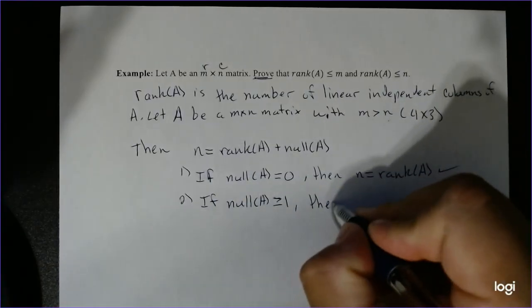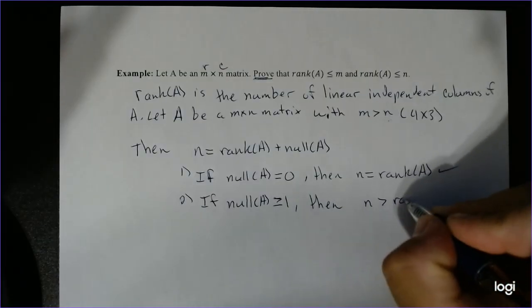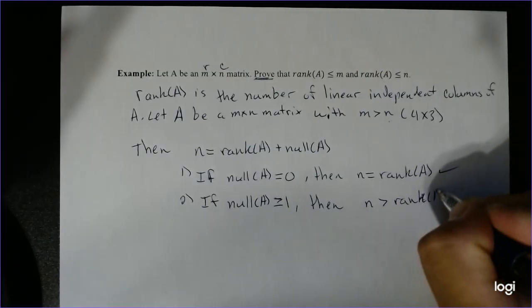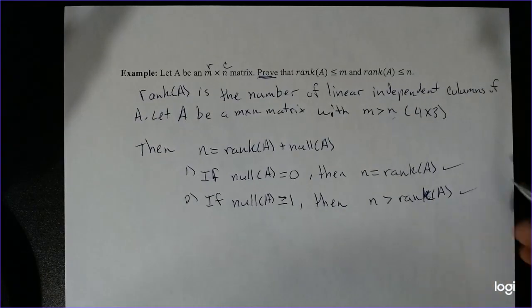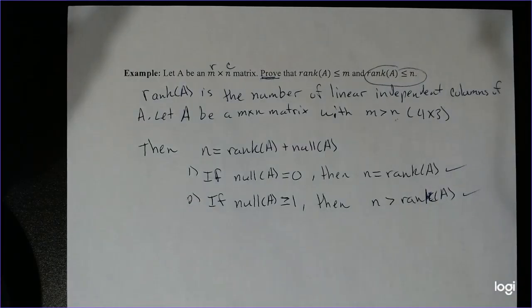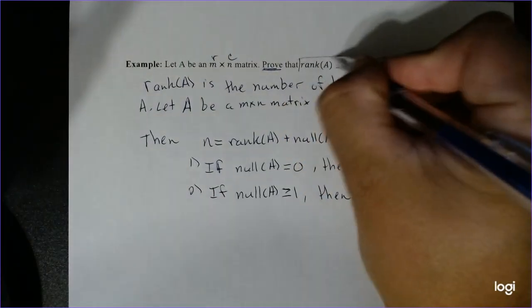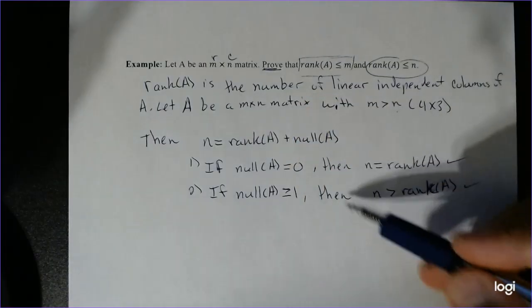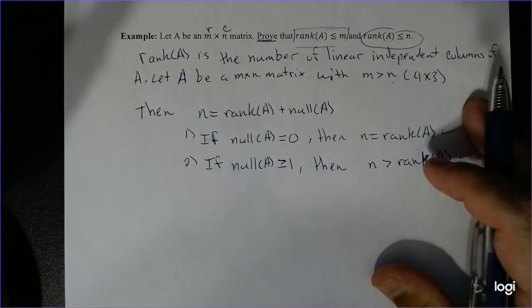So then n is greater than the rank of A. So done. So this proves this. Now, the other way around isn't so straightforward like this was, if you want to call this straightforward. It's a bit tricky here.